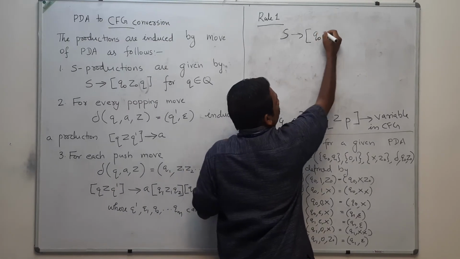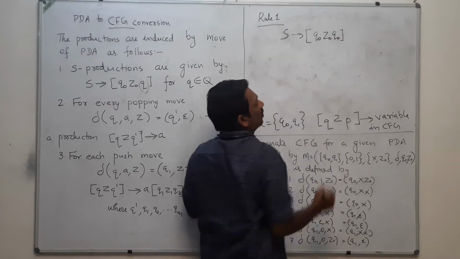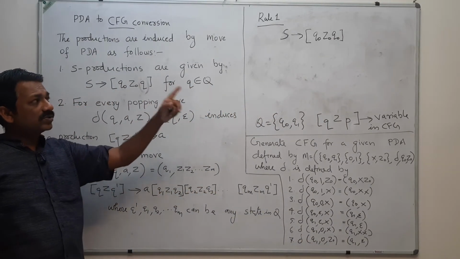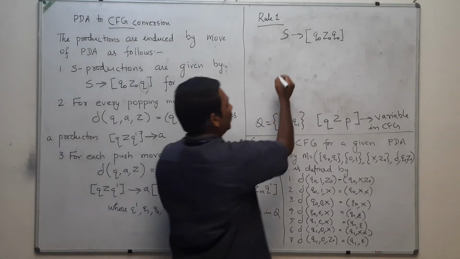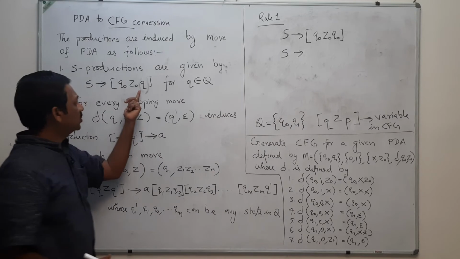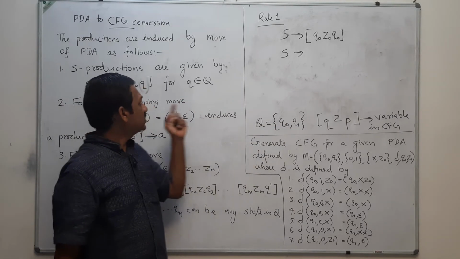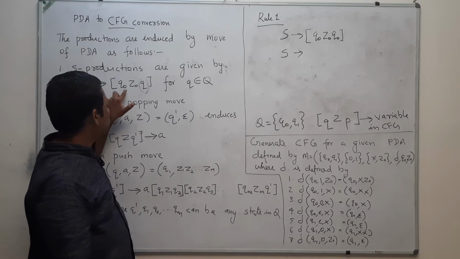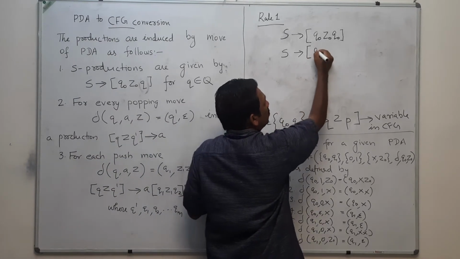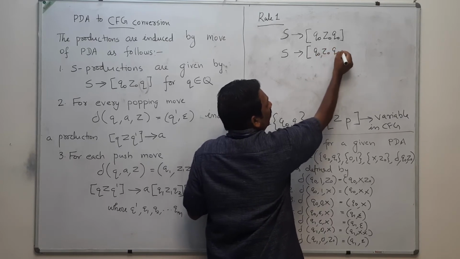This is the first rule. S derives [q0, Z0, q0], and the second one is, for this q you can take the value q1 also. That is why you have S derives [q0, Z0, q1].